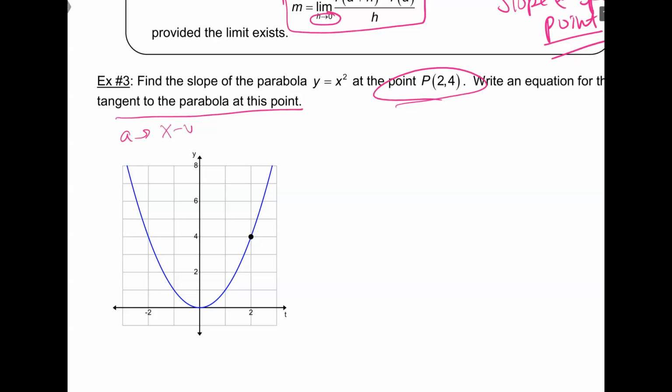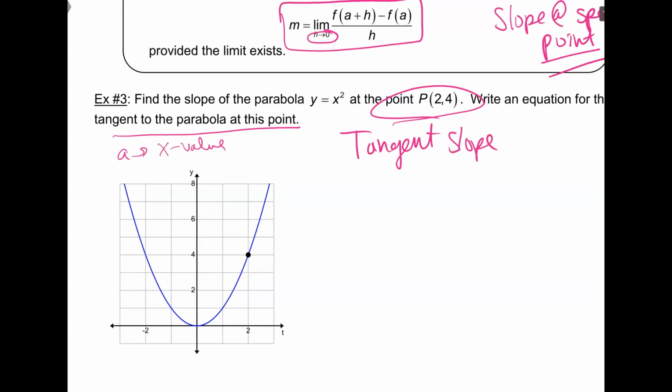Okay. So first, let's write down, we're finding tangent slope. Let's just write the equation out, what I had up above. So I know m, the slope of my tangent, is going to be the limit as h goes to 0, as the distance between my two points gets closer and closer, of f of a plus h minus f of a all over h.